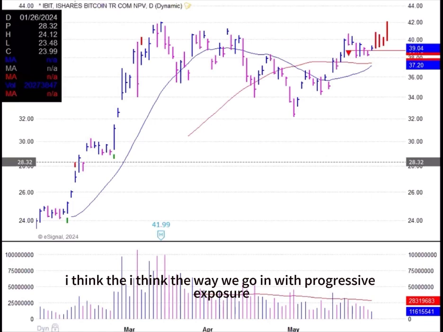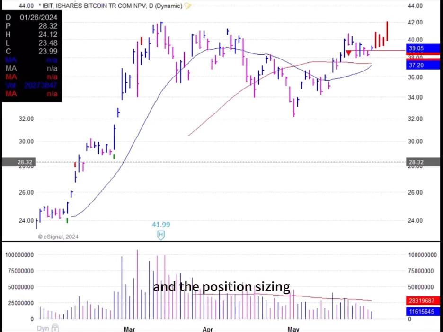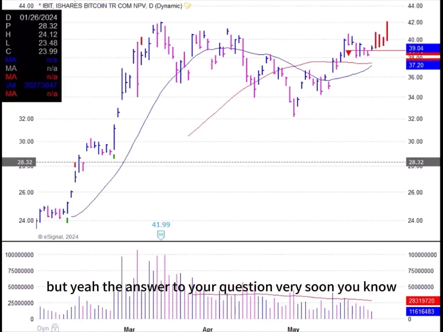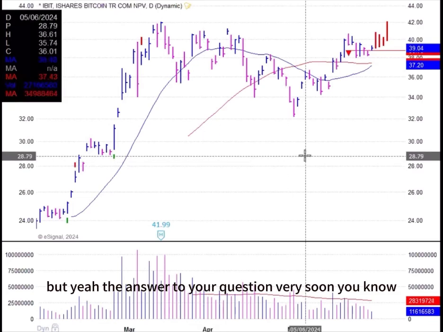What we don't provide on the open positions is the progressive exposure and position sizing. We just put them all out there, and it's not an actual portfolio structure. This is actually going to be in a portfolio structure, so you'll see how the position sizing is done. To answer your question, very soon. I'd say no later than 2 weeks from now, but probably next week.